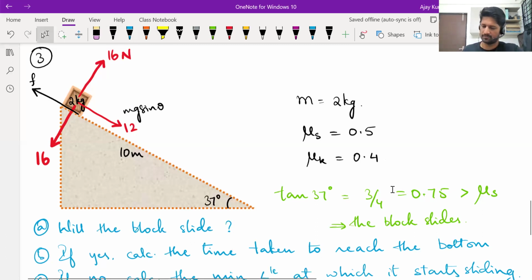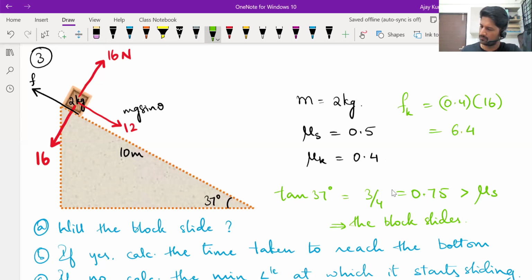How much? 6.4. Okay. Kinetic friction is mu k into N. Mu k is 0.4. Normal force is 16. 16 into 0.4 is 6.4 Newton. That's the kinetic friction acting on the block.